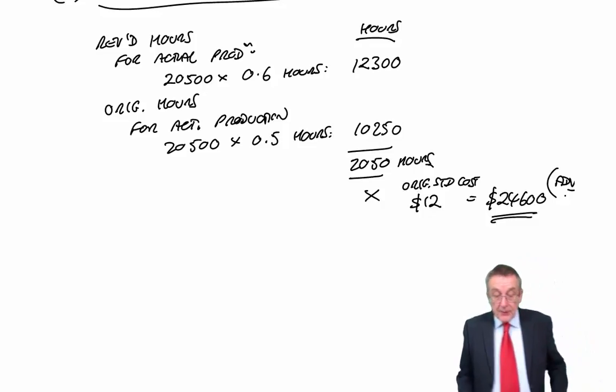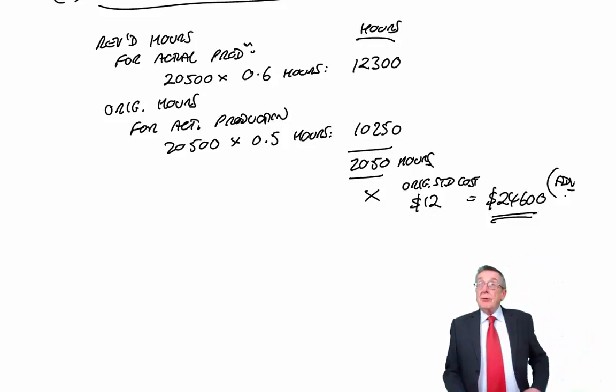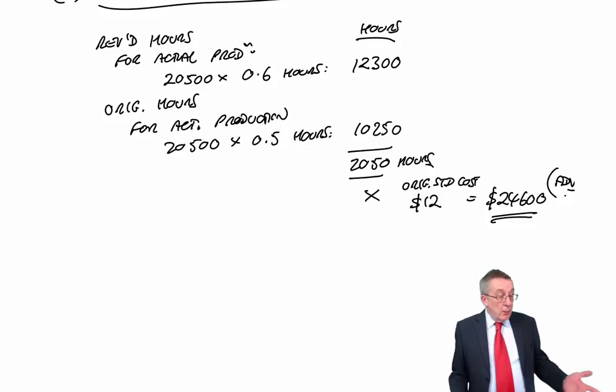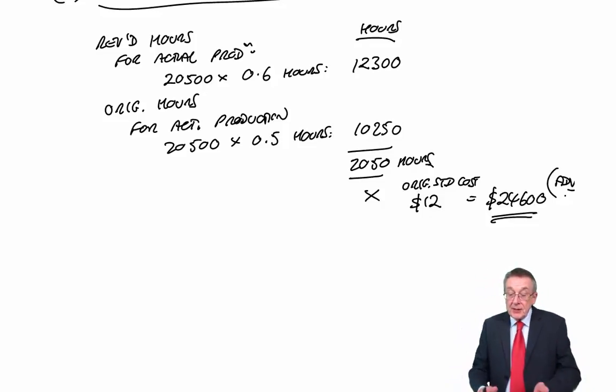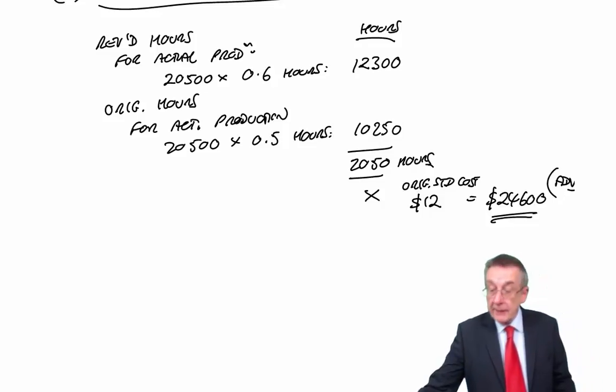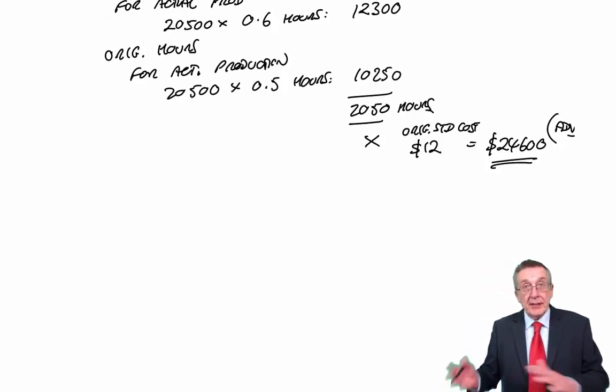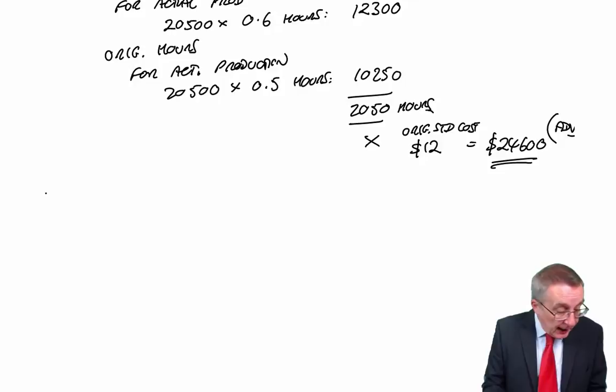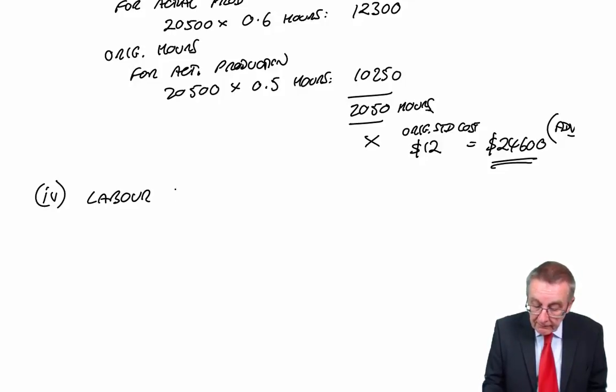Finally, of course, we revised to 12,300. When we look at the operational variance, we're saying, did we take the 12,300 hours that we now expect? Or did they work faster, did they work slower? So last of all, for the numbers, the labour efficiency operational variance.